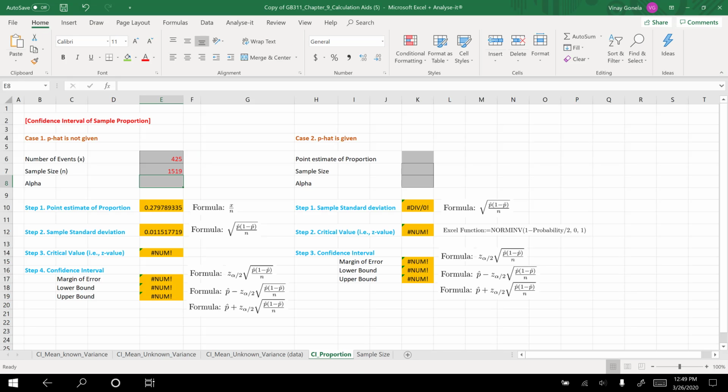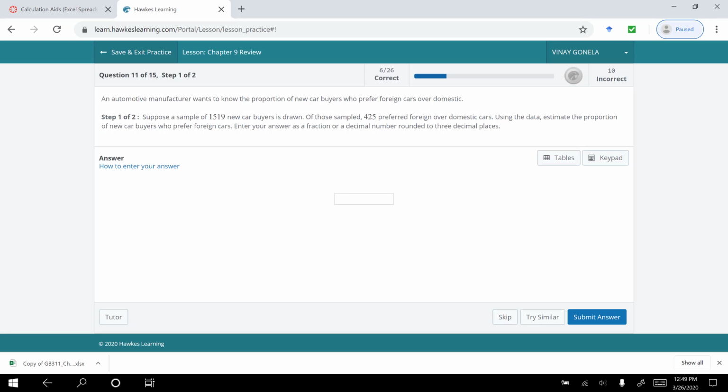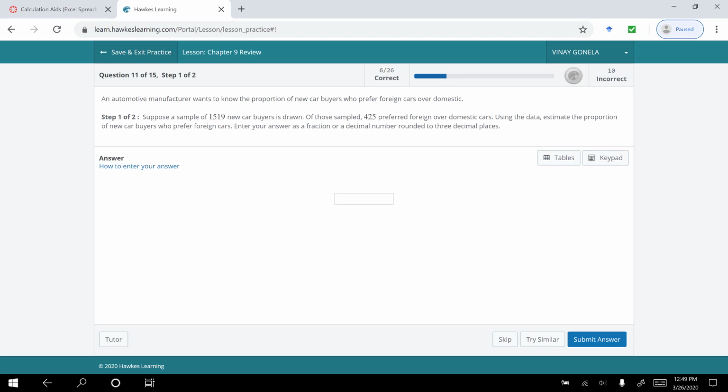So the question is asking us, enter your answer as a fraction or decimal. So they are asking us to estimate the proportion of new car buyers who buy foreign cars.